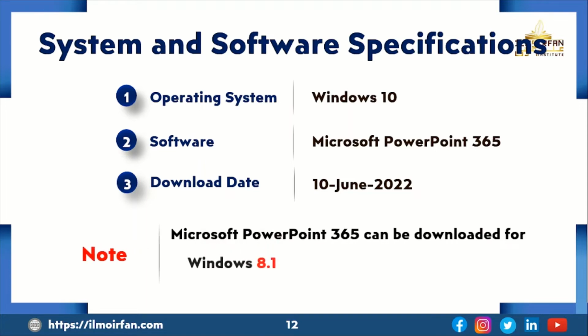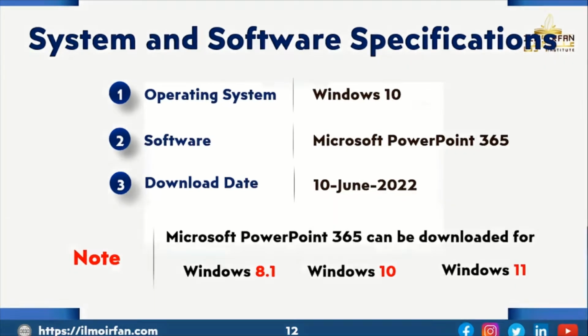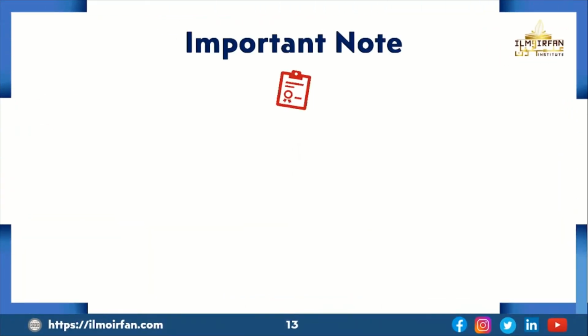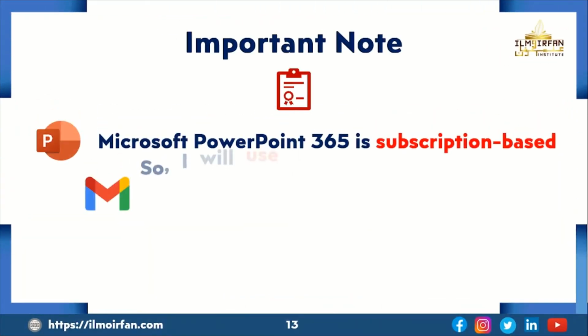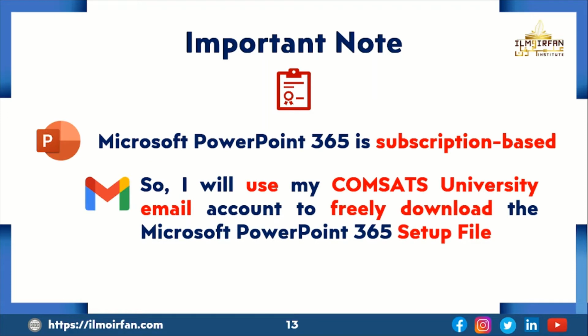Note that Microsoft PowerPoint 365 can be downloaded for Windows 8.1, Windows 10 and Windows 11. It is important to note that Microsoft PowerPoint 365 is subscription based. So, you need either a subscription or a product key to use or download the software on your system.